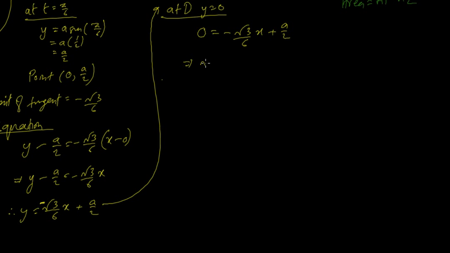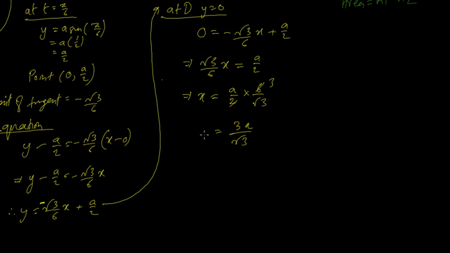So we can write square root of 3 by 6 x equals a by 2. If we cross multiply, x equals a by 2 into 6 divided by square root of 3. 2 3s are 6, so we can write 3a divided by square root of 3. This is the value of x.